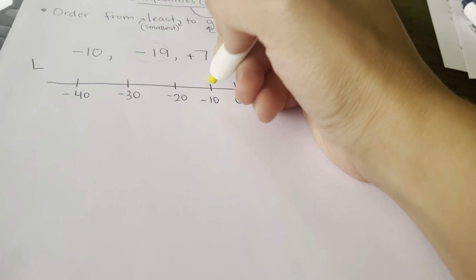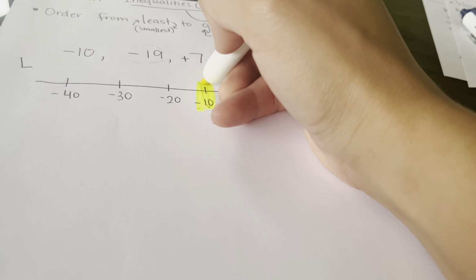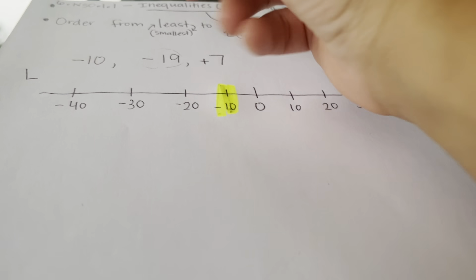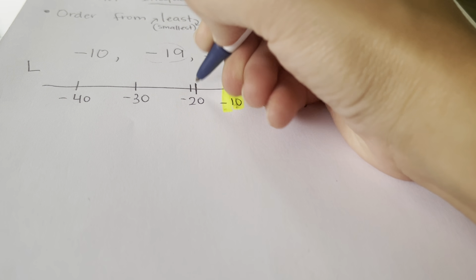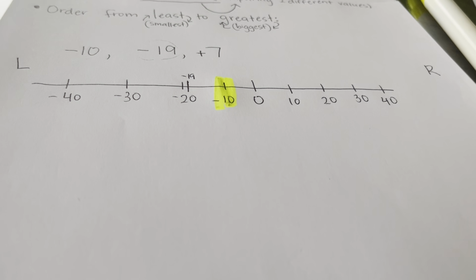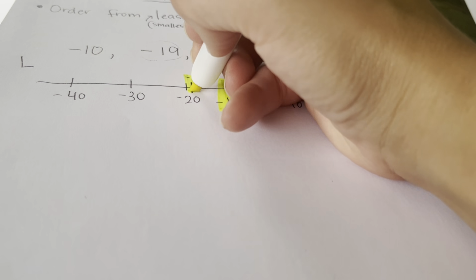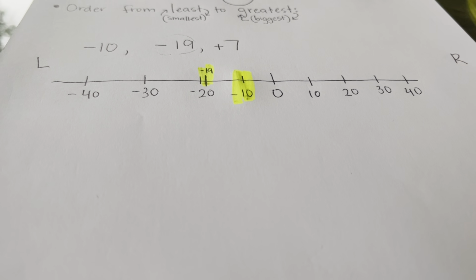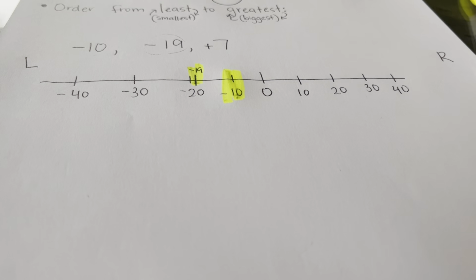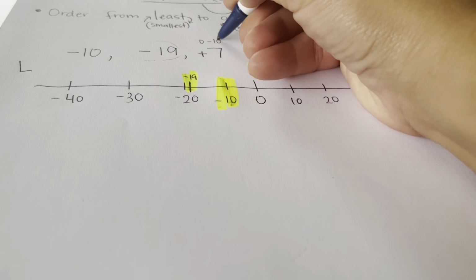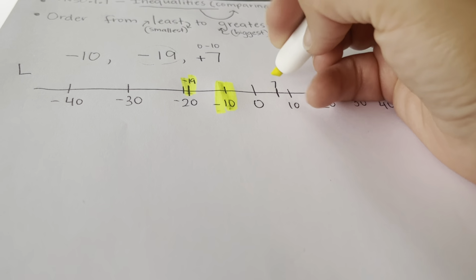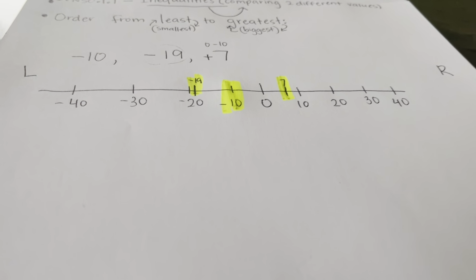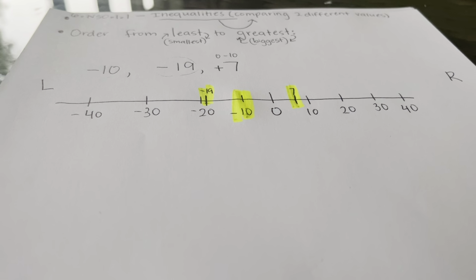Like I can see where -10 would be. I know that 19 would be very close to where 20 is, so I'm just going to put it as close to 20 as I can get it. And then that +7 would be between 0 and 10, a little closer to 10, so I'll say that's where 7 is. If you need to physically draw it so that you can see it, then I need you to do that.